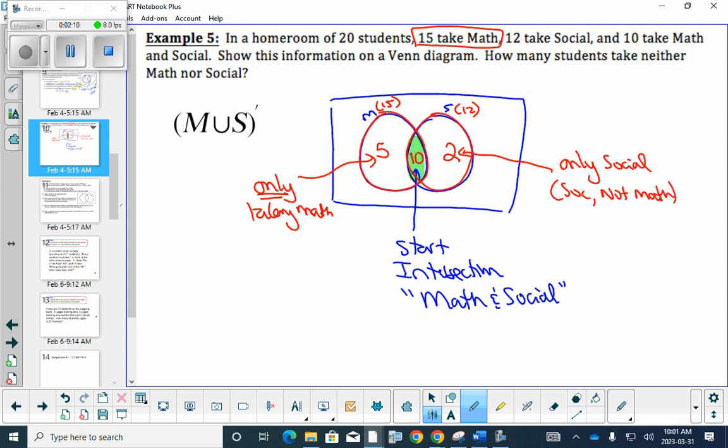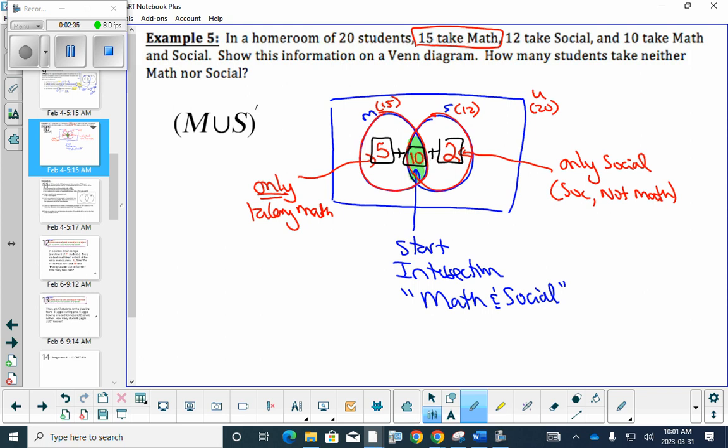Now, how many kids were in the homeroom? 20. So the universal set is the 20 kids. Now, why is that important? Because if you take these 3 numbers and add them, what's 10 plus 5 plus 2? 17.